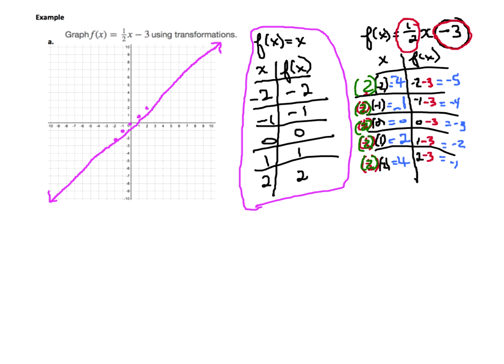Okay, now let's put this on the graph. -4, -5... 1, 2, 3, 4. 1, 2, 3, 4, 5. This doesn't look right either.